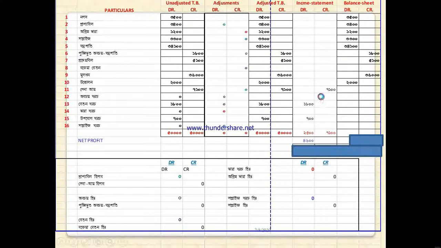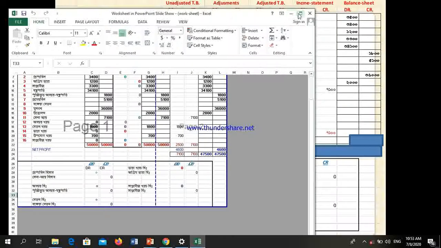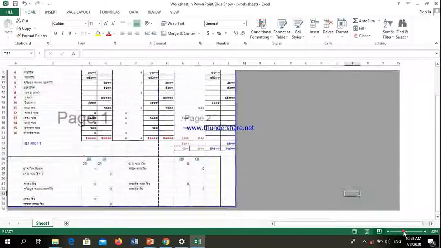So we know very well assets, liabilities and owners equity will be put into the balance sheet or financial statement.